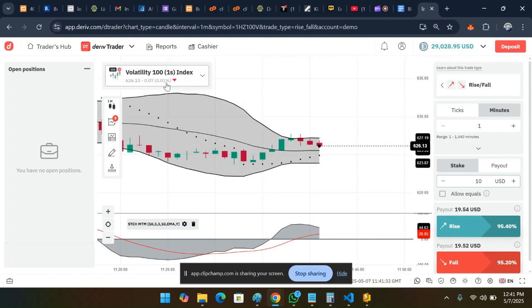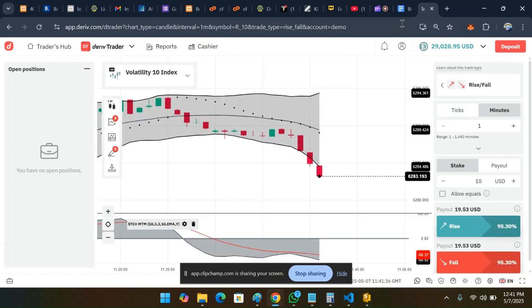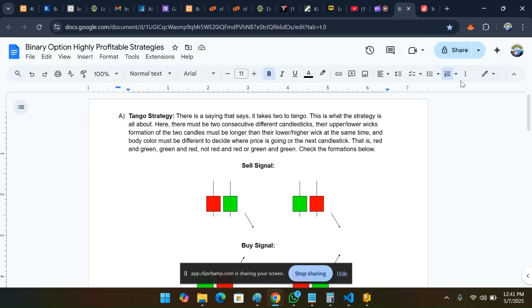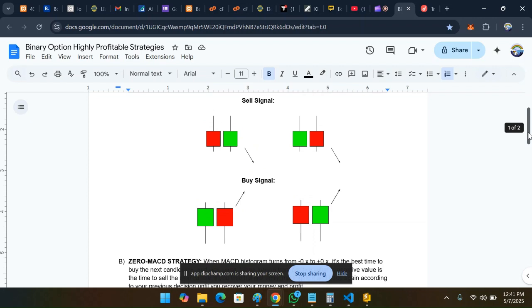So let's pick what the Tango strategy is. What it does is this. Now, for example, let's assume we have an indicator like this. Here for a sell signal, we have a red candle formation like this and a green candle formation like this, or it can be in this manner: green candle first, red candle.